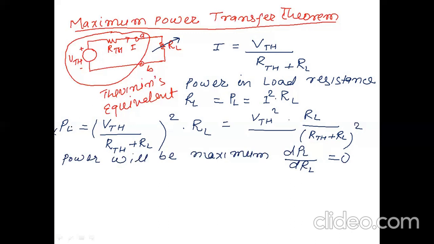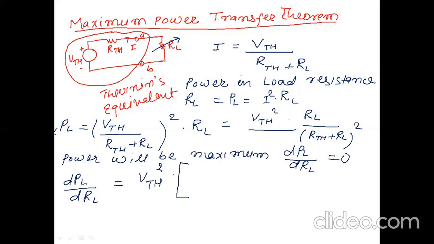So it is a very simple differentiation. We have to differentiate this with respect to the load resistance. This portion is constant, this is variable, this is variable. So differentiating, dPL by dRL equals VTH square, which is constant, which I am taking outside, and using the rule of division.